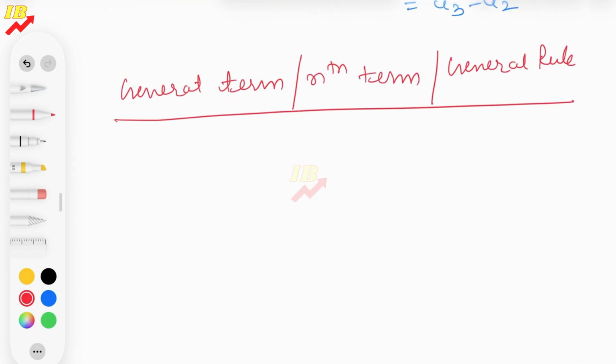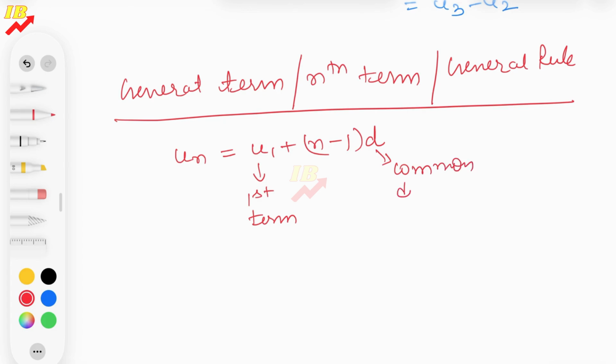That formula is un is equal to u1 plus n minus 1 times d. Okay. As we already know, u1 is my first term of the sequence. d is the common difference that we have for the sequence. This n here is the number of terms in the sequence.